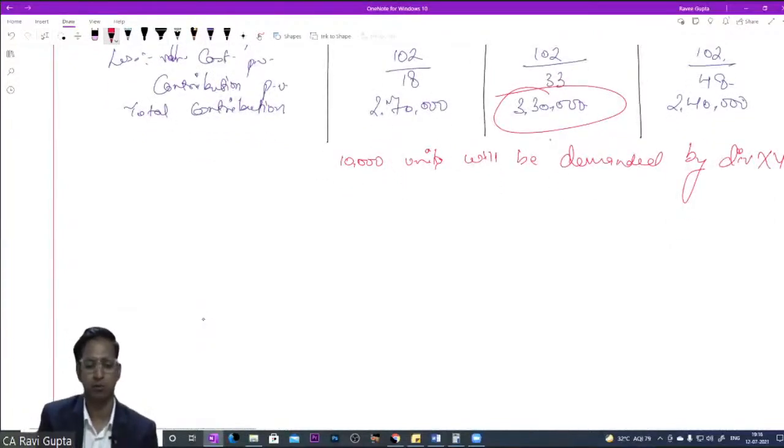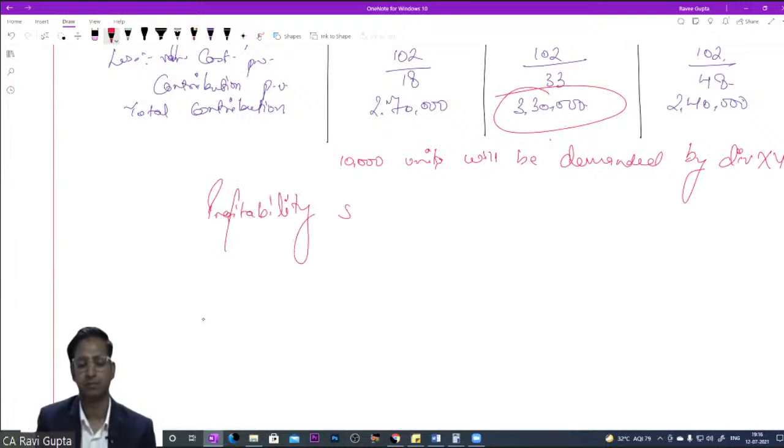The profitability statement is now very simple. Profitability statement when TP is rupees 42.